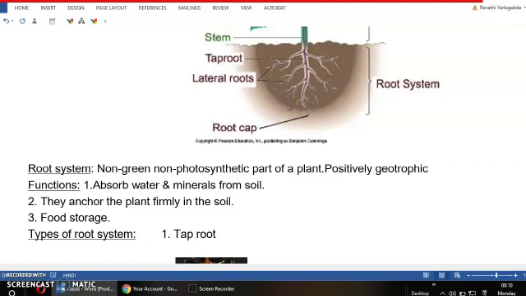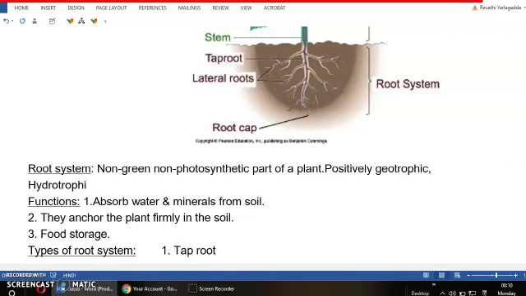Roots are positively geotropic, and they are also positively hydrotropic. Hydrotropic here means they grow towards the water. Whenever we put water to the plants, we see that water sinking into the soil.